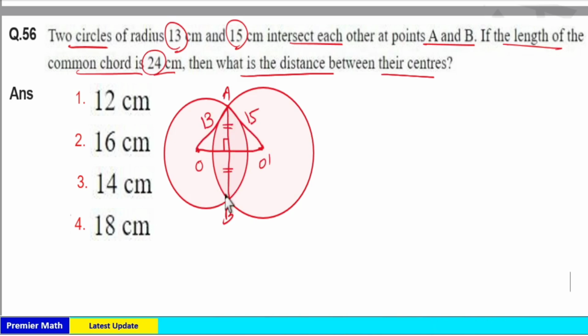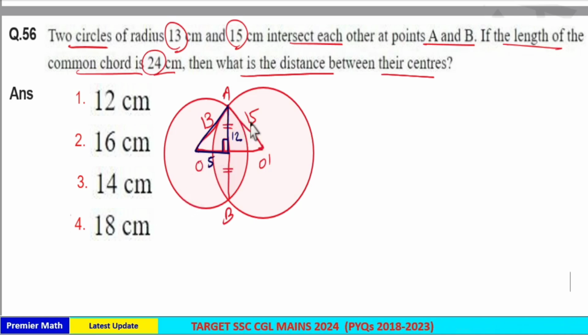Now length of common chord is 24 cm, means this length is equal to 12 centimeter. Then from this right angle triangle, 13 square minus 12 square is equal to 169 minus 144, which is 25. So this length is equal to 5.